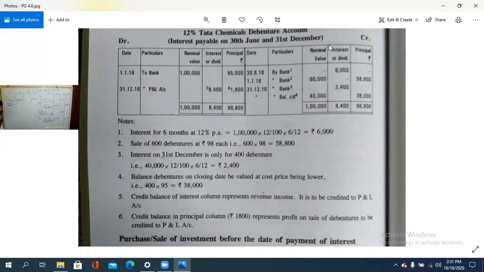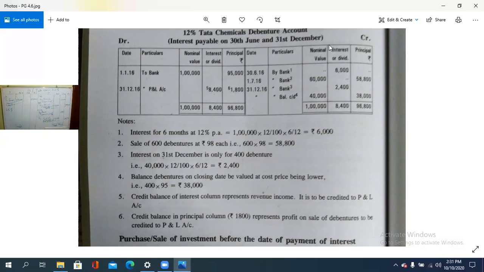Clear? So what happened? Now we can balance. So what is all this? This is 1 lakh. Here also 1 lakh. Okay. Then 6 plus 2, 8. 8,400 is here. Then to balance or to P&L account. P&L account, because what is the entry for profit?